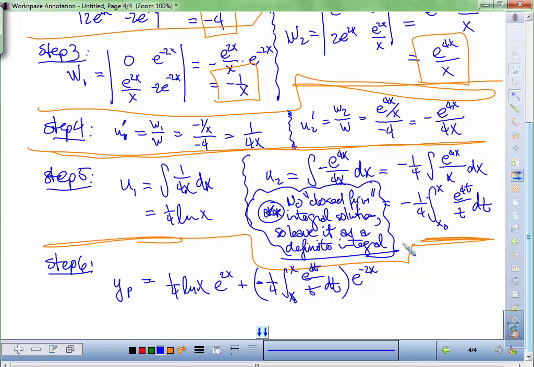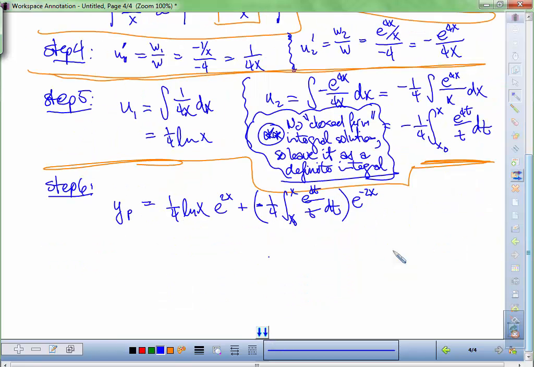And then to get our general solution at the very end, we would add our complementary solution, the solutions to the homogeneous, with the C1 and C2, and then add this last one.